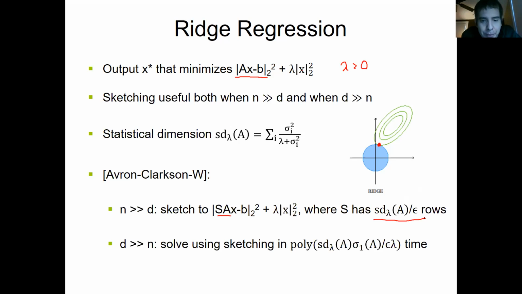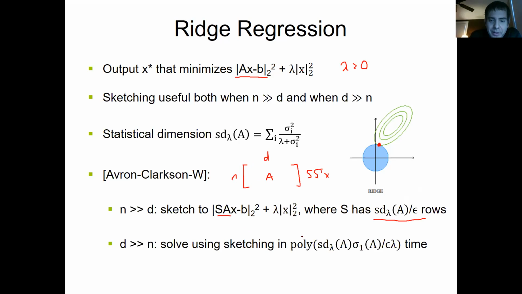And also in the under-constrained case, there's a way of using sketching. In the under-constrained case, A looks like this. There's a way of using sketching here to reduce the number of columns of A, to reduce this large dimension d now.